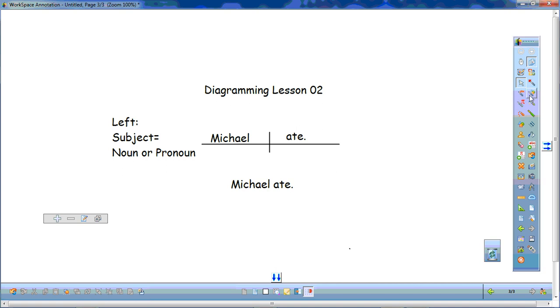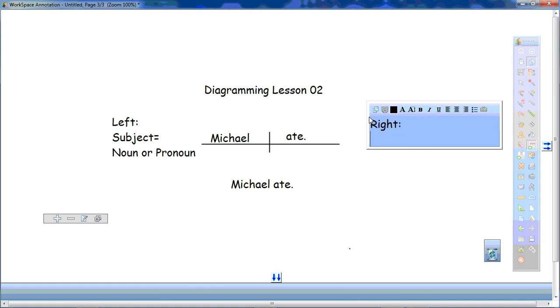And over here on the right-hand side, we'll say that's going to be the predicate. The predicate really is the verb. At this point, it's the verb, and we will add to that later all the complements that go with it. But for now, we're going to do simple sentences. So, Michael ate.